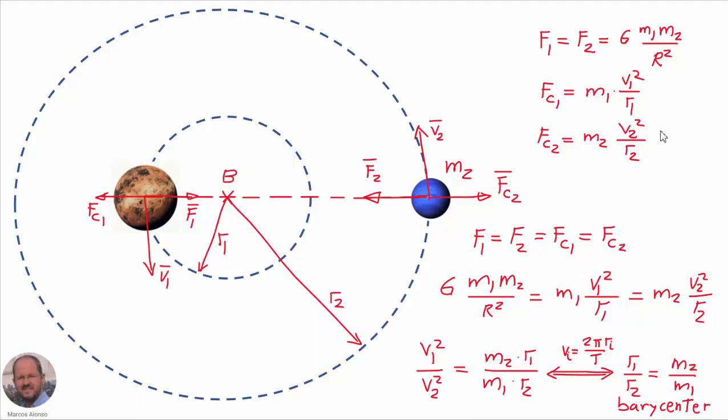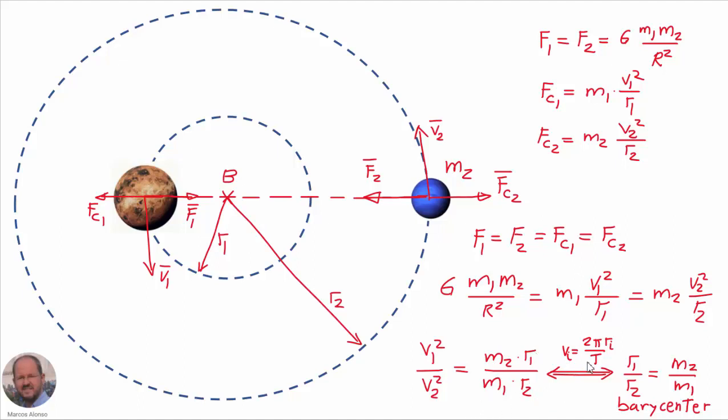So by equaling these expressions here, we can obtain the different speeds and radii, and also an important relationship from this equality. We can obtain this ratio between the speeds, the masses, and the radii.